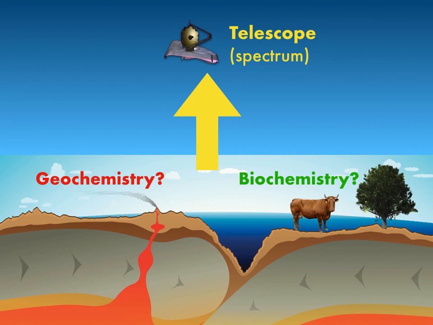And even after you measure the spectrum and infer the chemical abundances, you have to worry about how to interpret these chemical signatures. You have to worry about whether the signatures that you're seeing are really due to biochemistry, so whether they're true biosignatures, or if you might be looking at false positives generated by geochemistry.